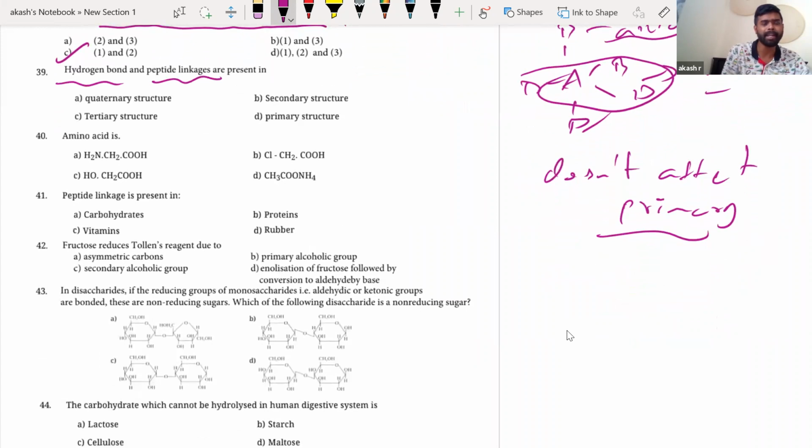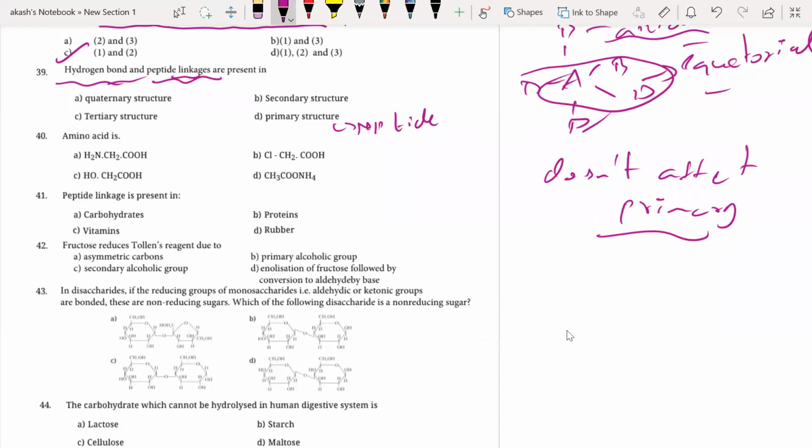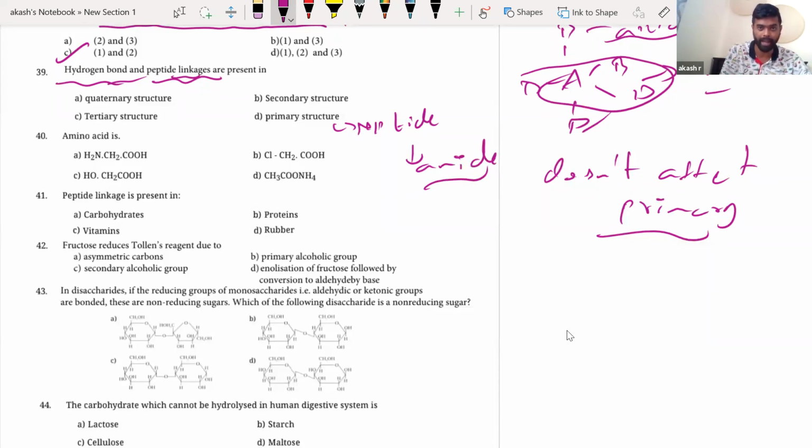Hydrogen bond and peptide linkages. Okay. Both should be present. Okay. Hydrogen bond and peptide linkages are present in what? Primary, sir. No, primary has only peptide, right? Sir, but the peptide bonds are linked with hydrogen bonding or no, sir? No. Peptide is an amide bond. This is a proper chemical bond. We know C double bond O NH. Right?